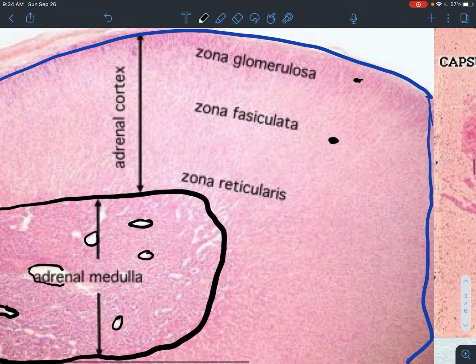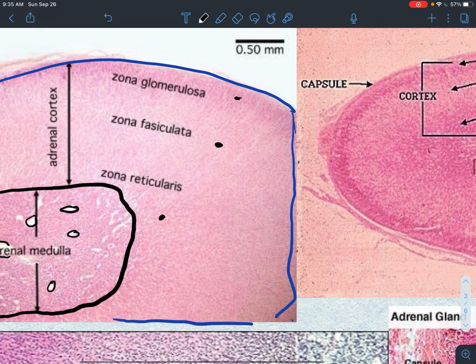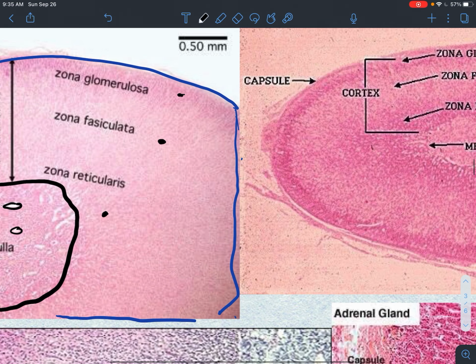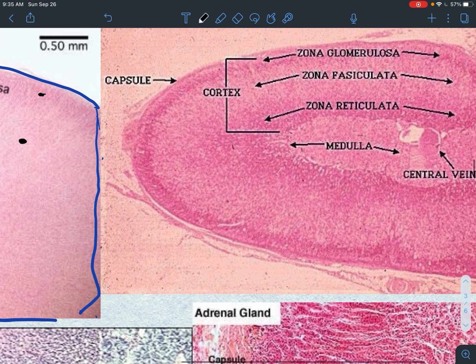If you see it pointing not where the medulla is, not where those big open blood vessels are, but pretty close to that border, it's on the reticularis. And that's just part of knowing the order of things and not getting too caught up with being able to see the extreme details of these, which are not always possible depending on the slide that we're using.